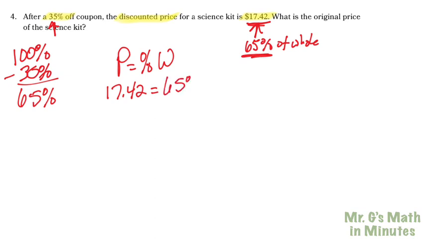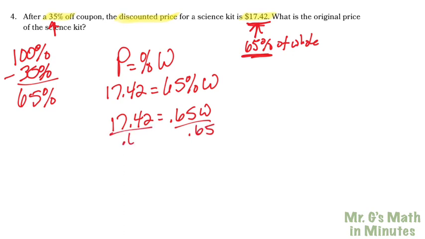So 65% times the whole. We turn that into a decimal. Divide both sides by 0.65. So 17.42 divided by 0.65 lets me know that my whole, my original price, was $26.80.